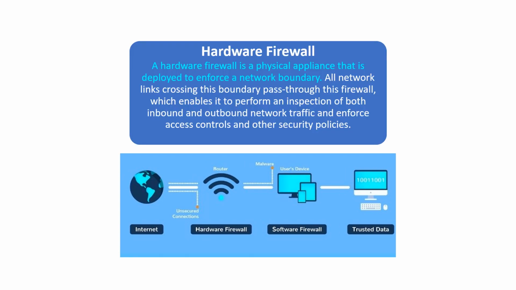And next is the hardware firewall. This is a physical appliance that is deployed to enforce a network boundary. All the network links crossing this boundary pass through this firewall, which enables it to perform an inspection of both inbound and outbound network traffic, and enforce access controls and other security policies.